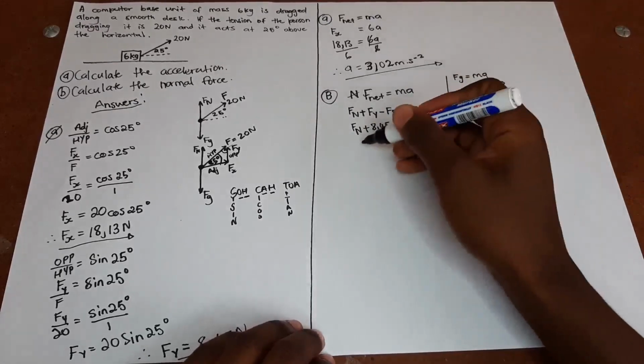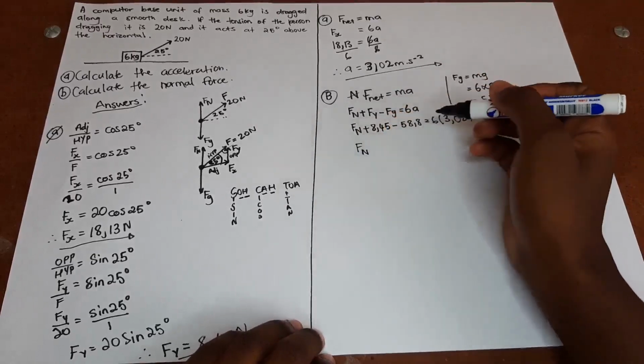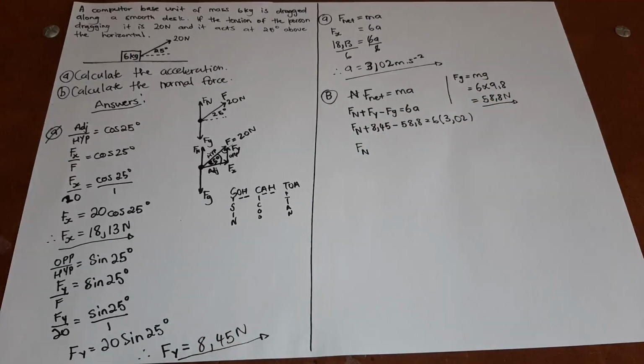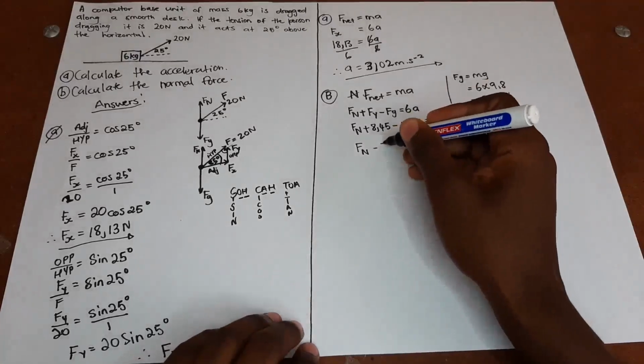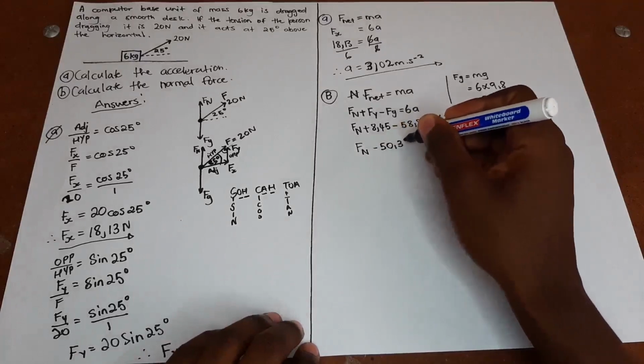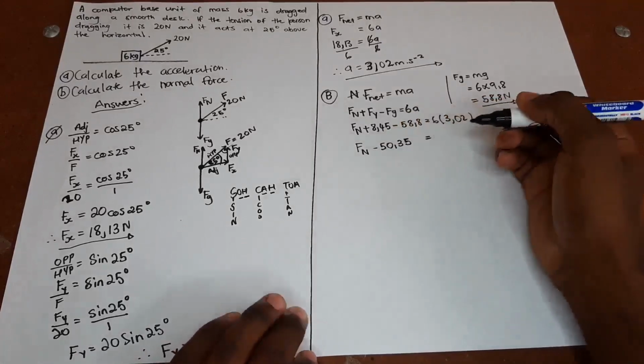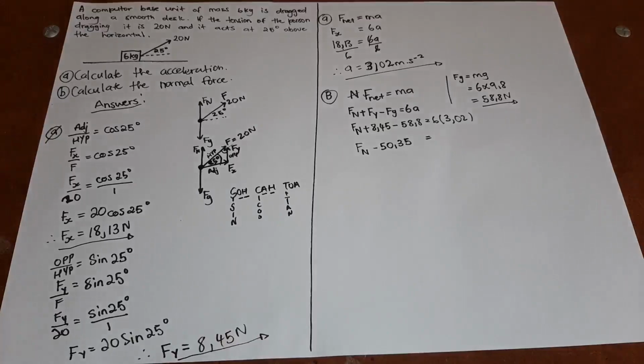So now our normal force: 8,45 minus 58,8, press the calculators. That gives us negative 50,35, which is equal to 6 multiplied by 3,02.